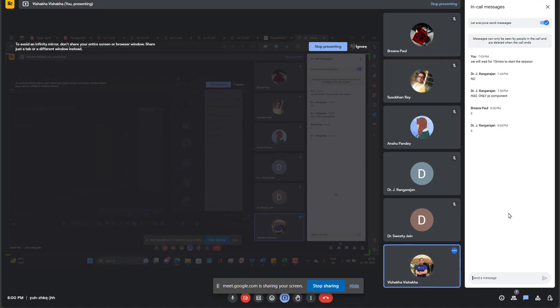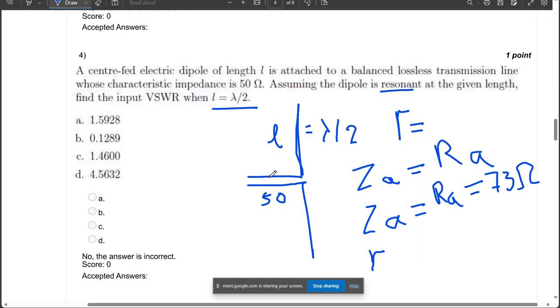Still some of you are left. Tell me if you are able to solve it. One last minute to solve this question.